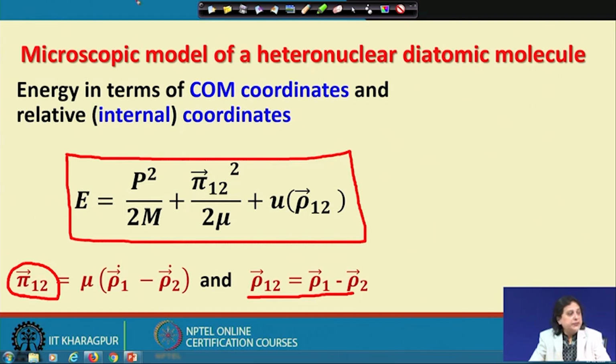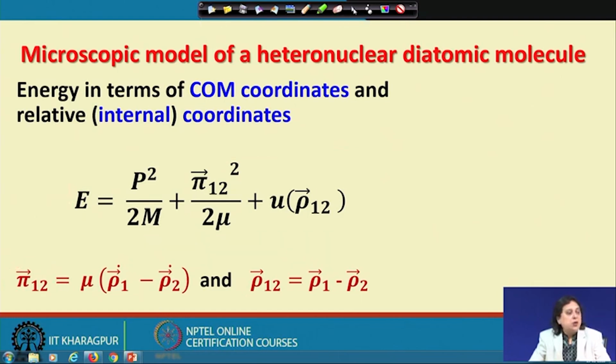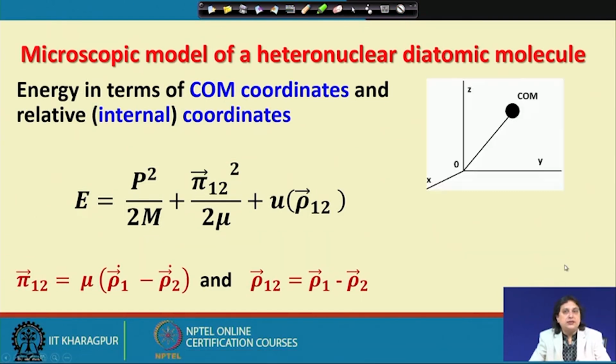So, what does it mean? It means that what I have gained here is as follows. First of all, I have one part over here which says that look at what I have in the energy. This part tells you that this is the kinetic energy of the center of mass, which is having a mass capital M and whose momentum is capital P. Now, what is this term?